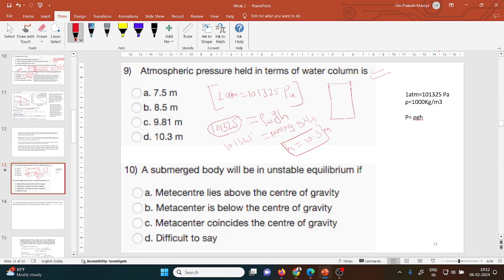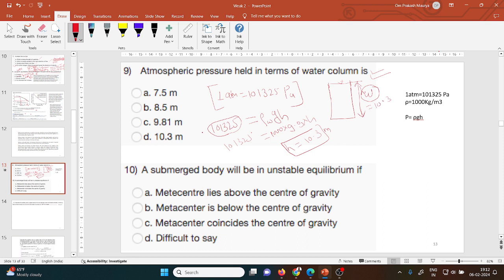This is the height of water, h_w, so this is 10.3.